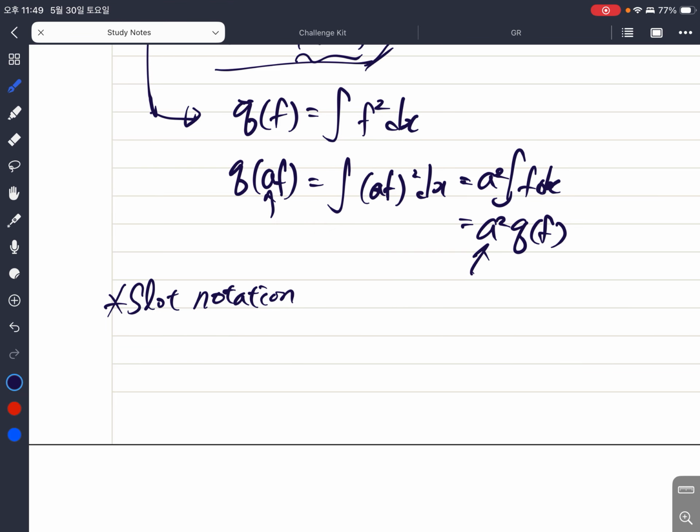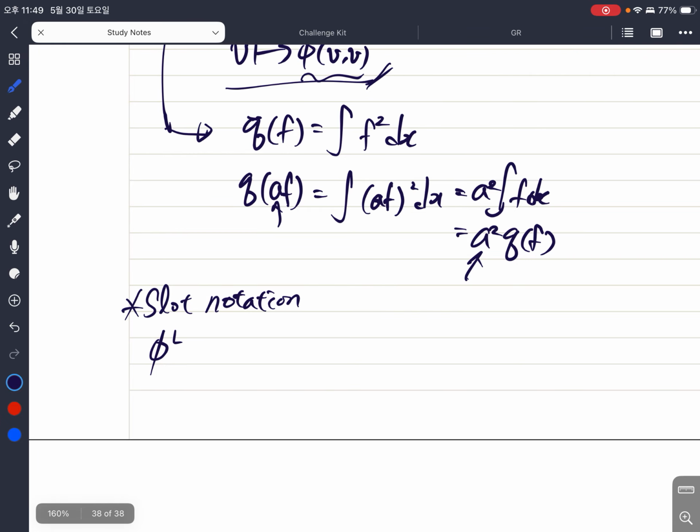The question is, can we find some one form from this multilinear form, this bilinear form? The answer is yes. And how to do it? By using slot notation. So let us write something like this. First, let us assume we know the bilinear form from v square to k.